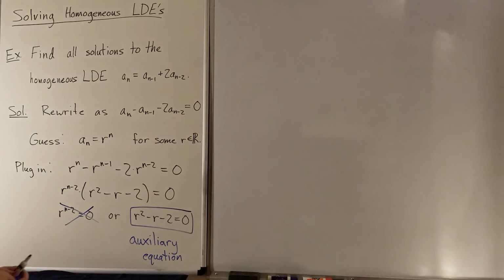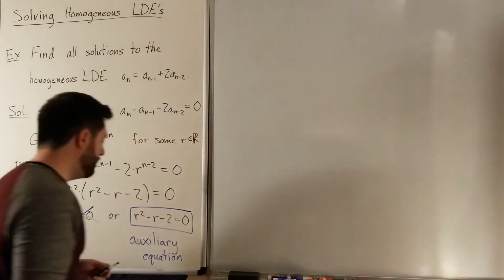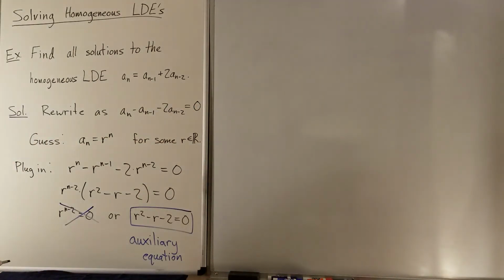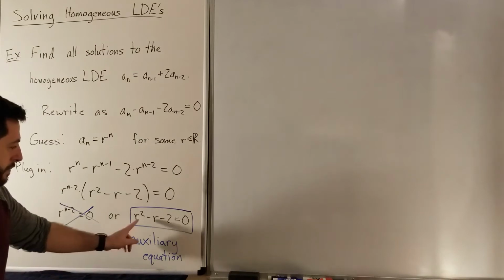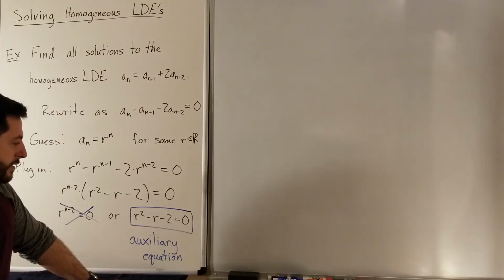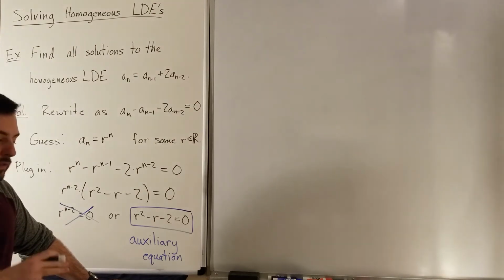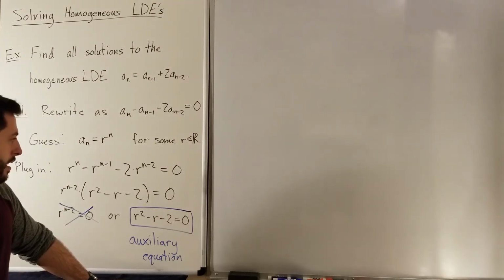Okay, so this auxiliary equation is something we always want to consider when we're trying to reason out how to solve these things. For example, this polynomial right here has two distinct real roots, and that means the solution is going to look a particular way.